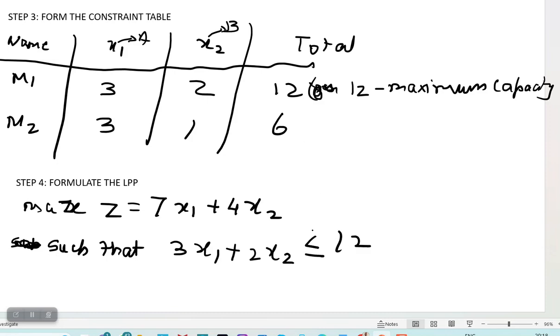Now this inequality sign should face 12 because 12 is the maximum capacity, so this answer cannot be more than 12.